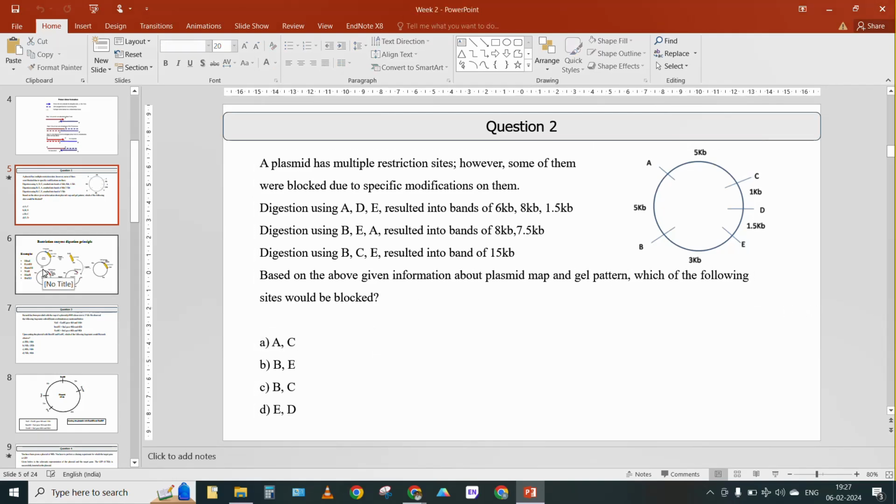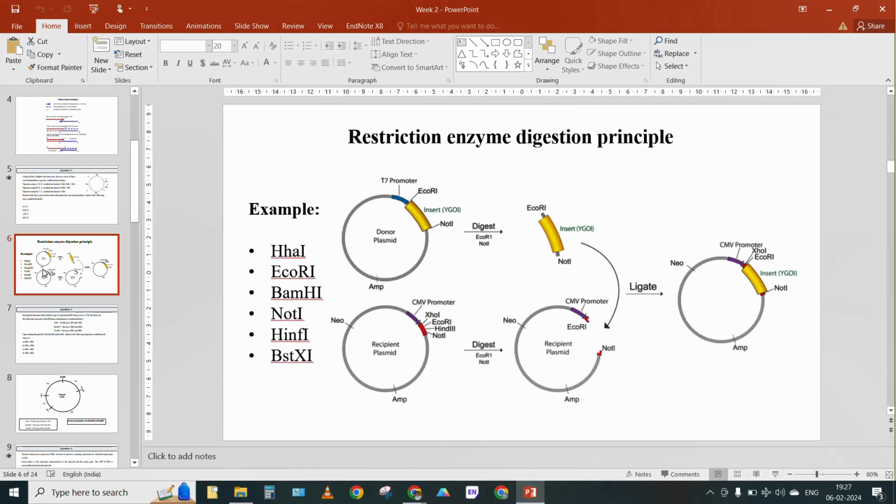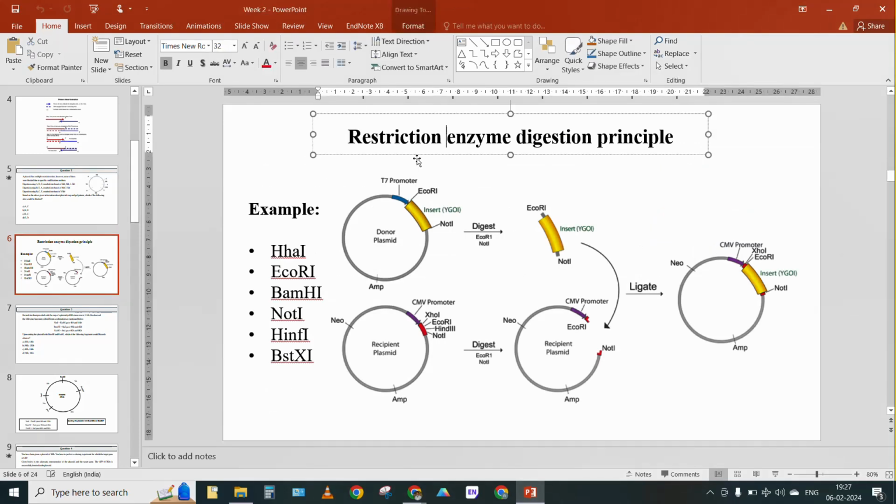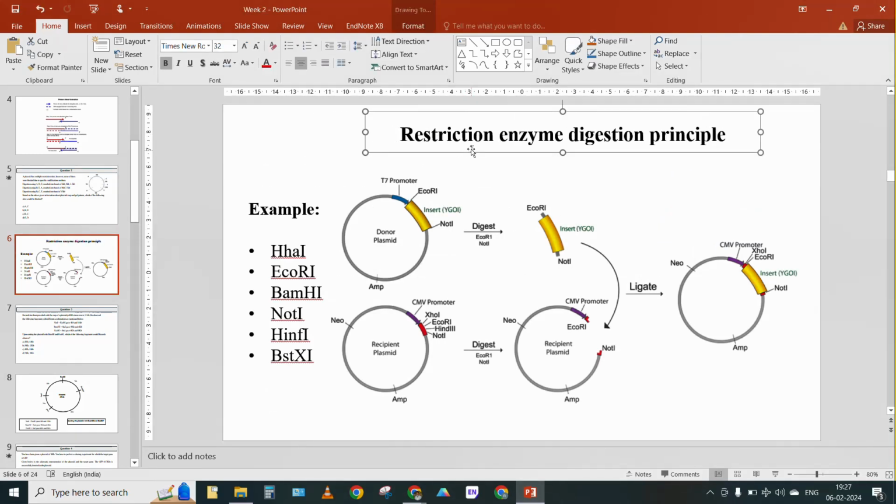So moving to the basic concept, the principle of restriction enzyme digestion. To analyze genomic DNA, we must first cut it into smaller, manageable pieces. The tool for this is the restriction enzyme, which recognizes a specific nucleotide pair sequence in DNA called a restriction site and cleaves the DNA, basically hydrolyzing the phosphodiester backbone within or near that sequence.